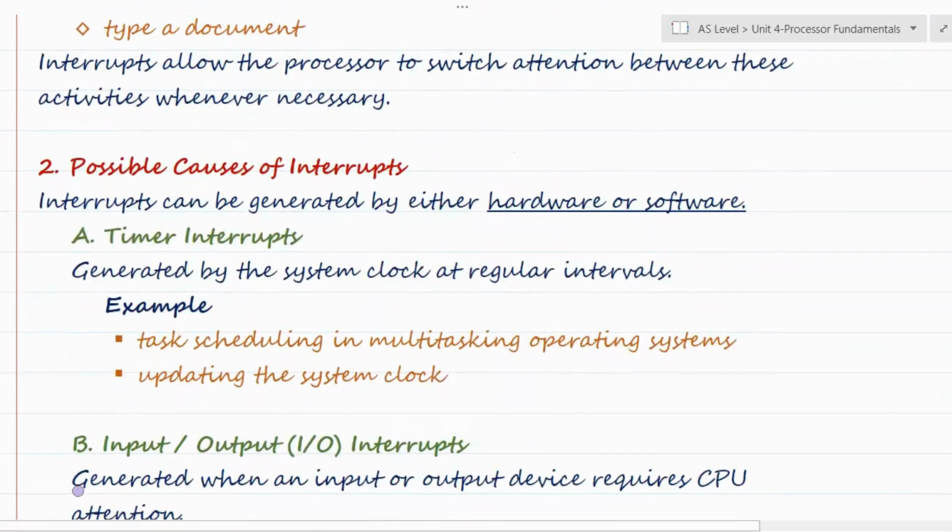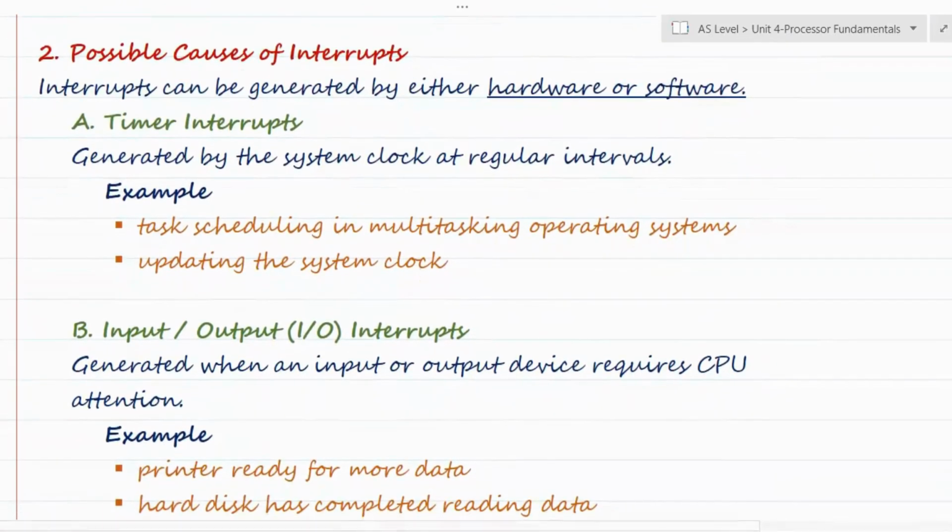Now let's discuss possible causes of interrupts. Interrupts may be generated by either hardware or software. We'll discuss some common causes that you must know from the exam point of view. First of all, timer interrupts.